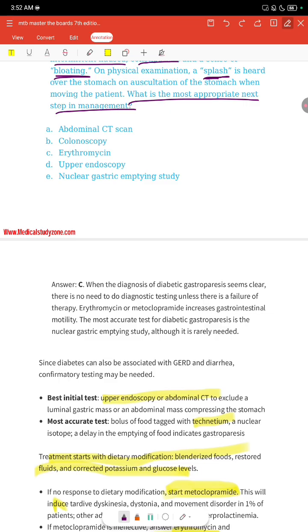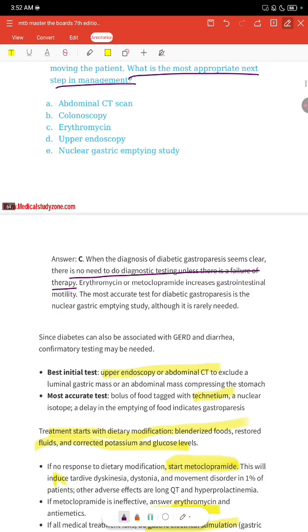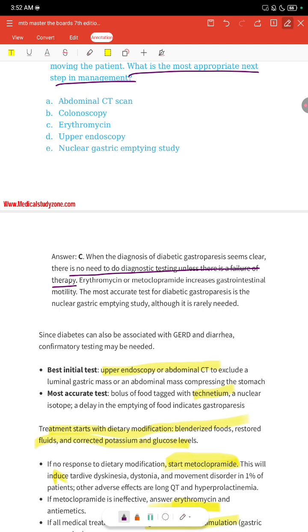When the diagnosis of diabetic gastroparesis seems clear, there is no need to do diagnostic testing unless there is a failure of therapy. So no further diagnostic testing should be done. Erythromycin or metoclopramide increases gastrointestinal motility.